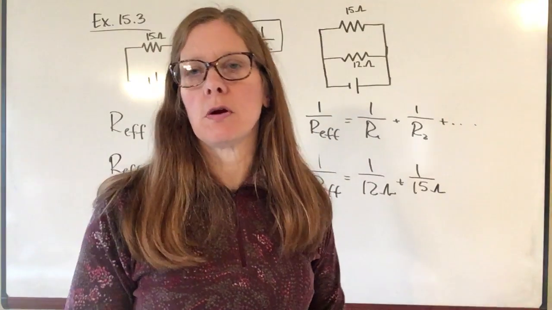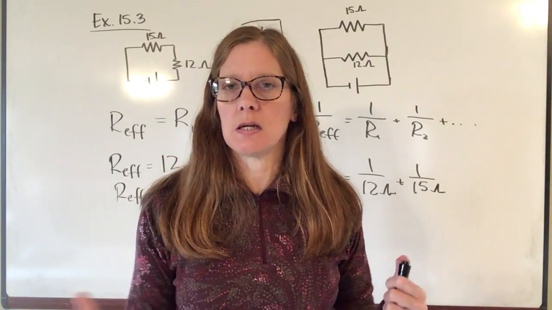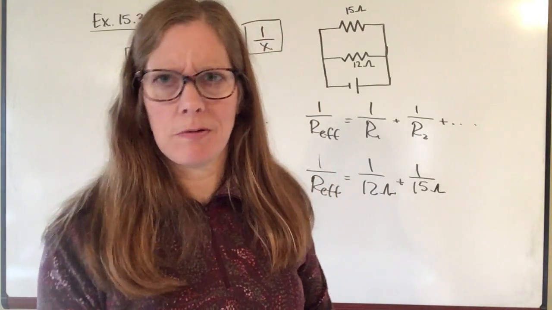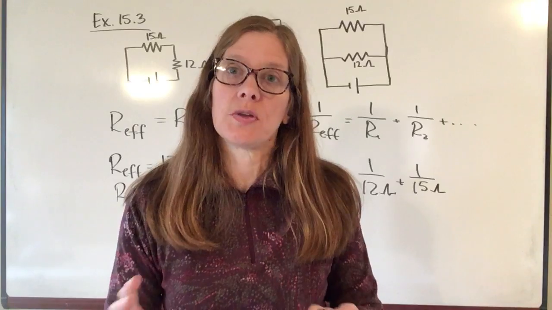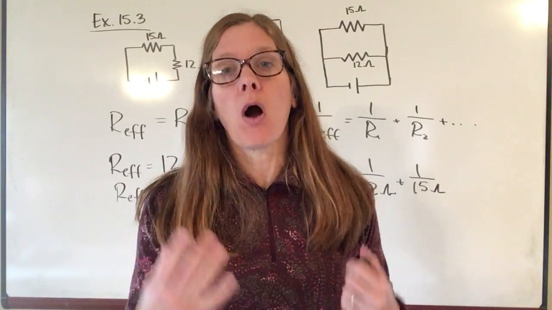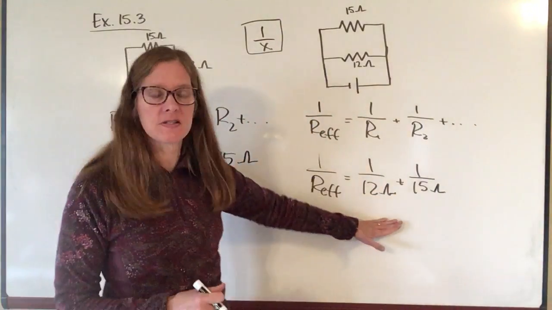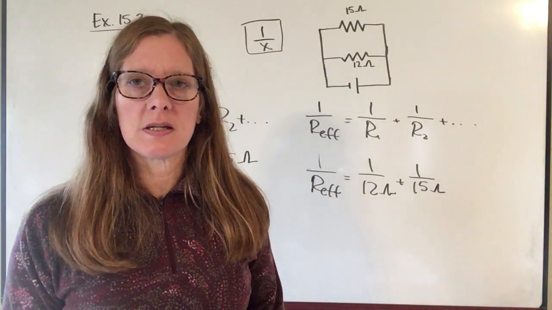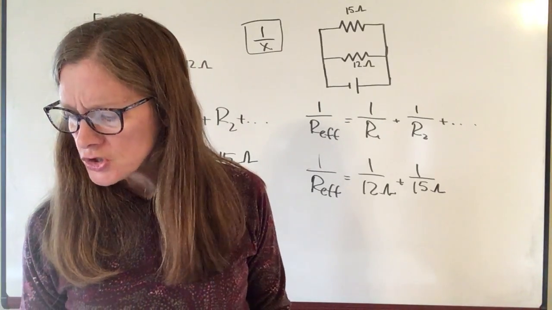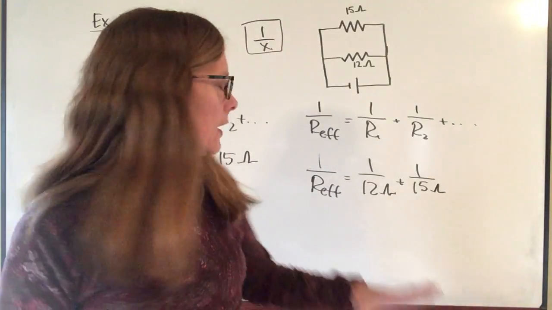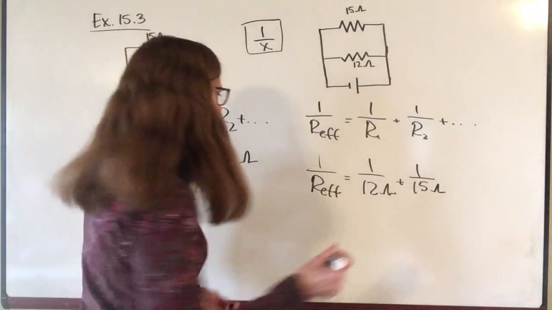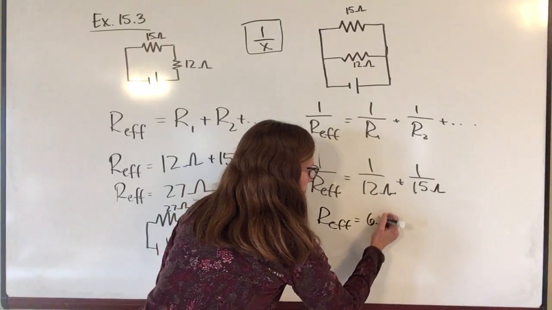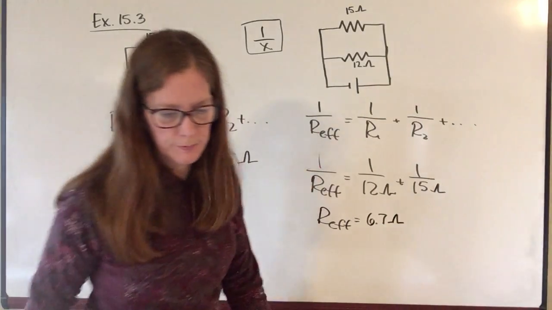I will warn you, if you take an E&M course in college, the professor might say, I don't know what your high school teacher told you, but you can't do it that way here. But for our purposes, calculating this way is easier, it's quicker, and it's perfectly acceptable. So when you do this, you are going to end up with an effective resistance of 6.7 ohms.